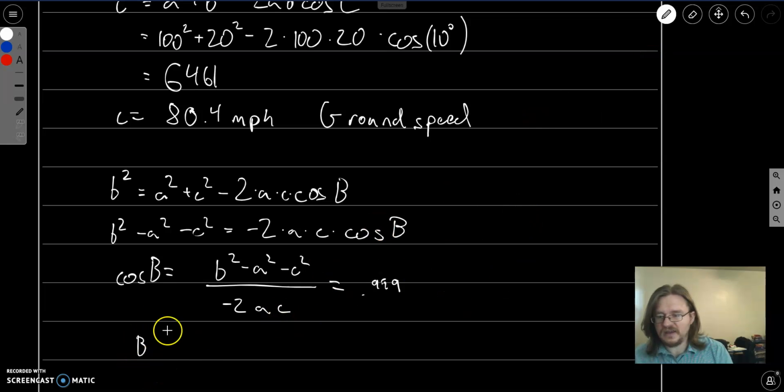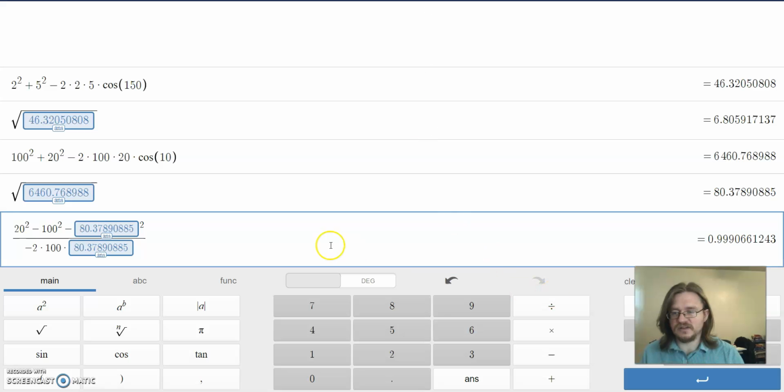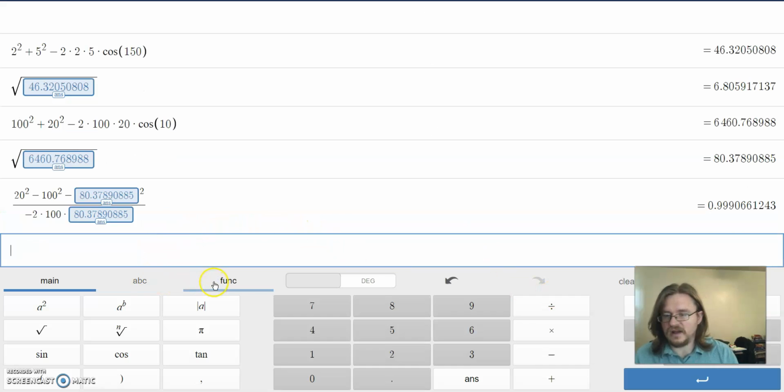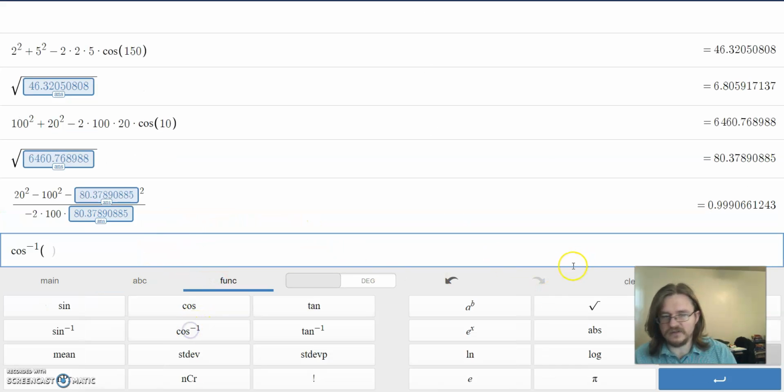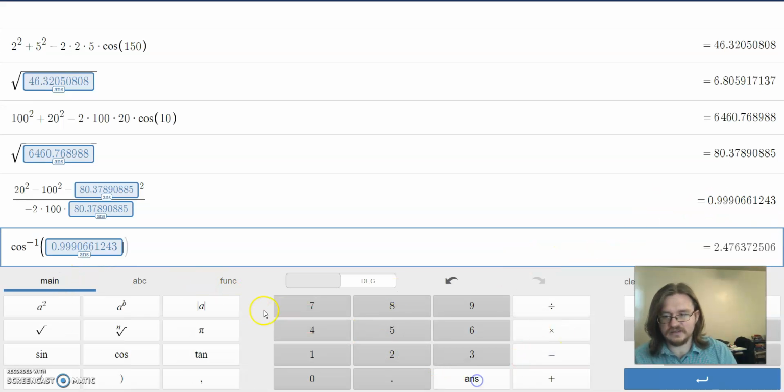And then for b, if I want to move the cosine to the other side, I take the inverse cosine. And luckily Desmos can do that for us. Desmos has the inverse cosine function, and I'll just take the inverse cosine of that last answer.